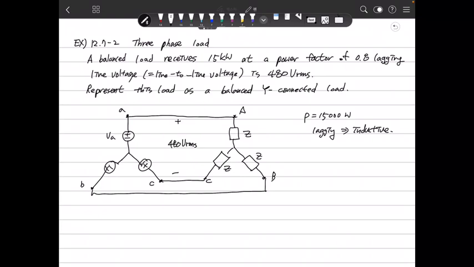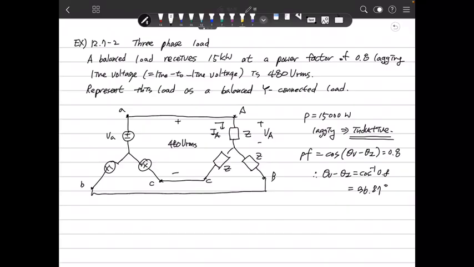The power factor is 0.8 lagging, which means inductive. The power factor is cosine of (θV minus θI). When we define this as VA, then this current is IA, and there will be 0.8. So we know that θV minus θI will be arc cosine 0.8. You can calculate that from the calculator. That is 36.87 degrees, and inductive. We got it.